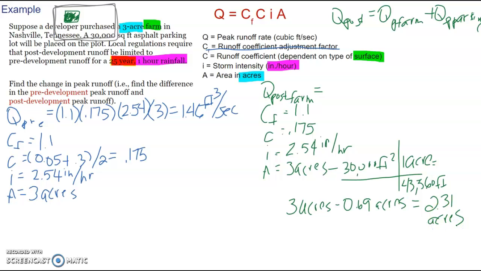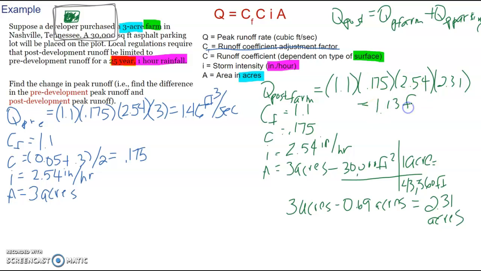Now I can plug all that in. So I have 1.1, 0.175, 2.54, and 2.31. Okay, so when I take and multiply all of that together, we're going to get 1.13 cubic feet per second.